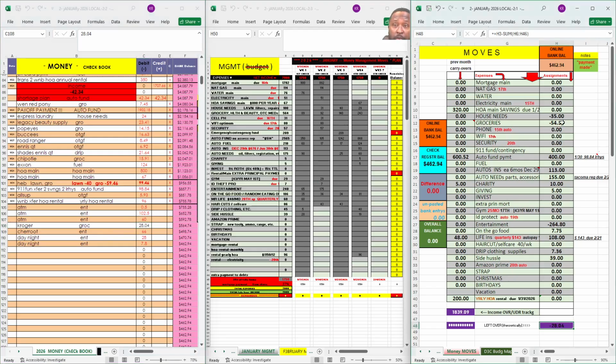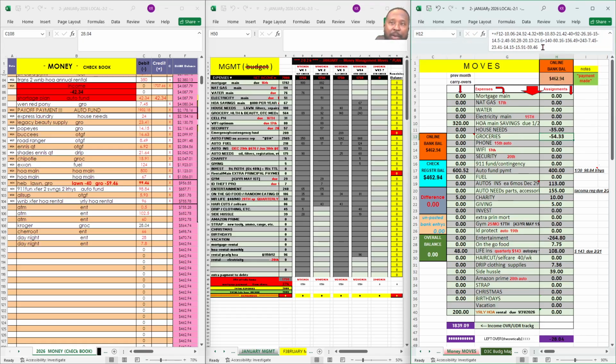So here's grocery, and here it shows on my moves spreadsheet that I'm negative $54.33. Such a bad boy. So I'm negative that amount now, but that's okay. I'm going to show you how it's reconciled. All right, so I'm negative 54.33, and since the formula bar up here is already full, I can expand it, and then I can go ahead and make an entry right here.